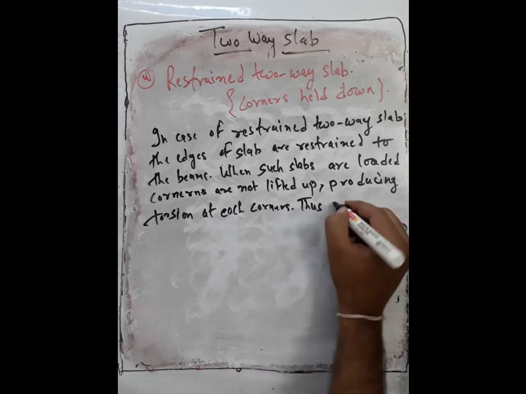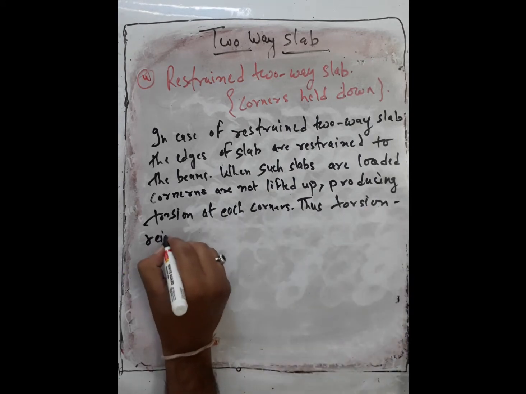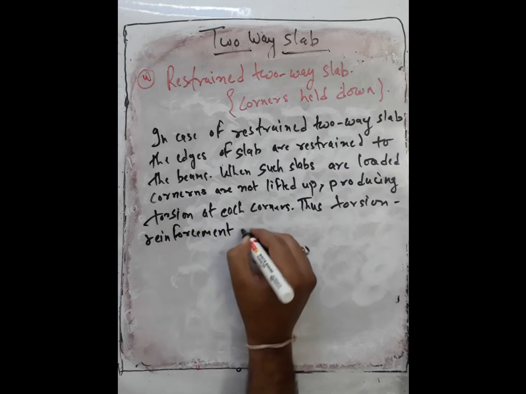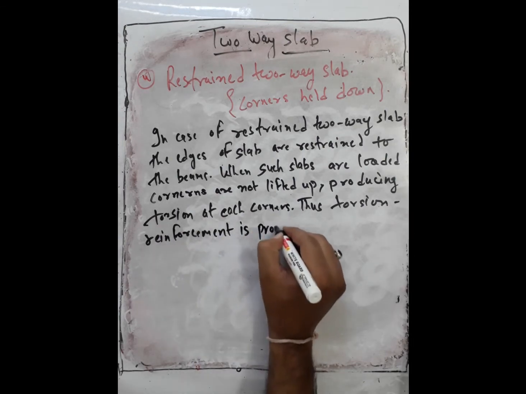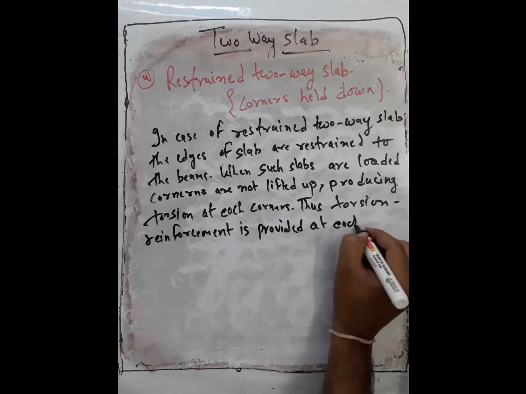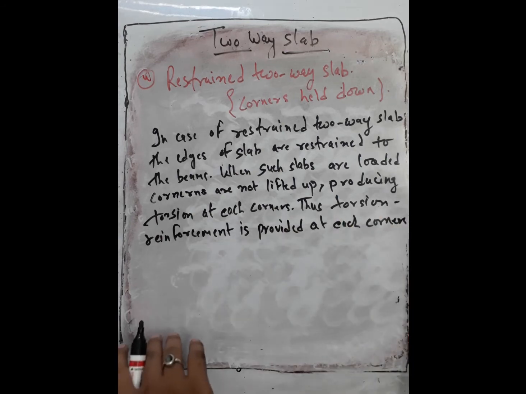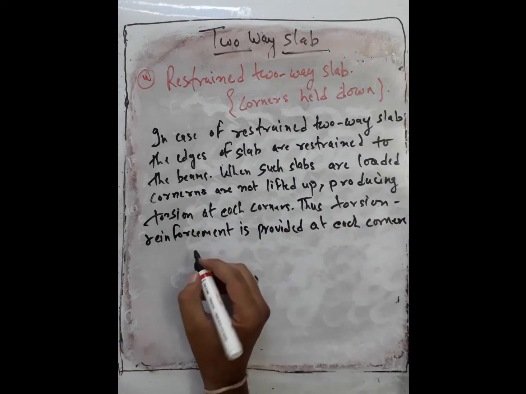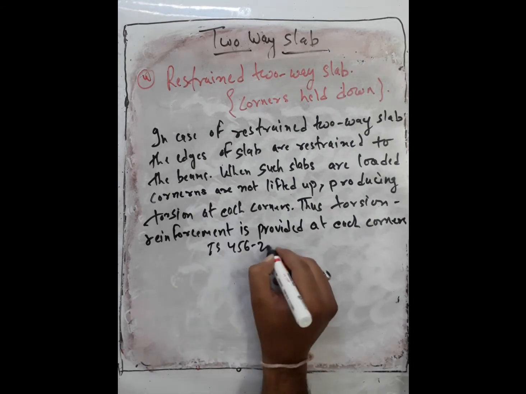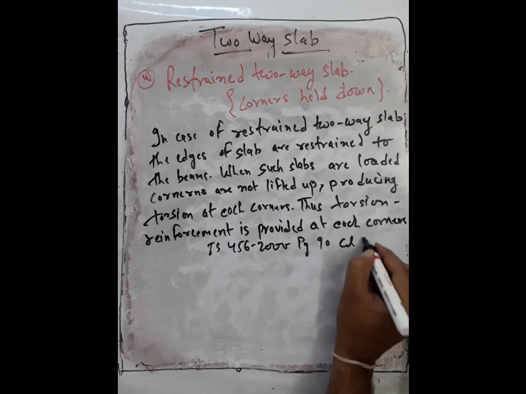Thus torsion reinforcement is provided at each corner. And here we design this according to IS 456:2000 page number 90, clause number D-1.